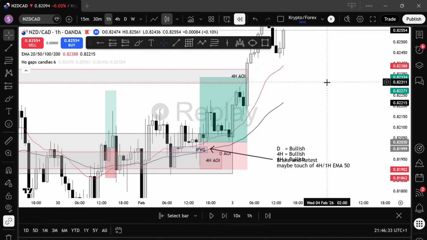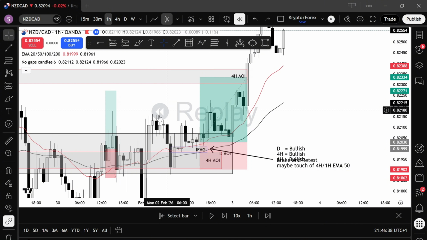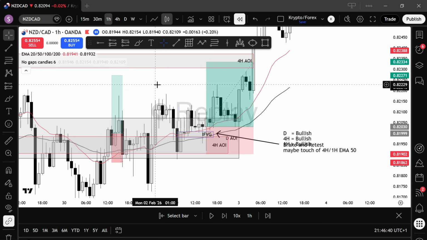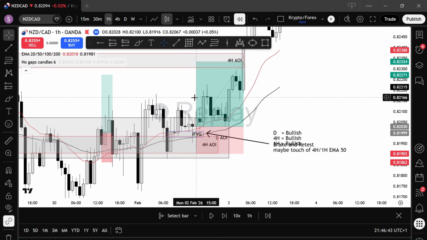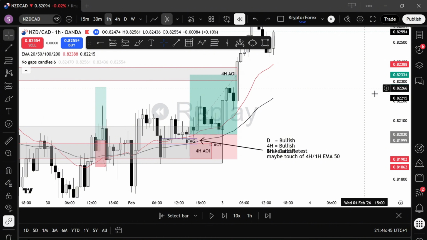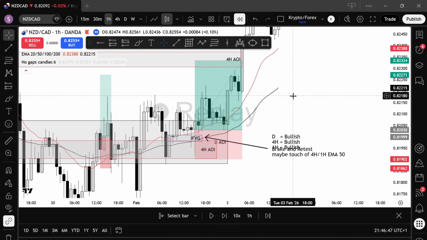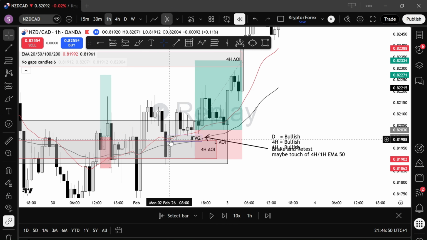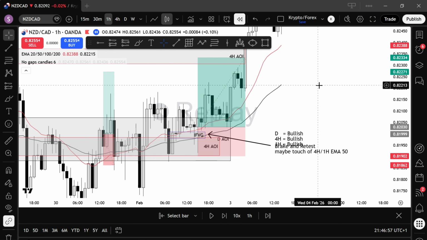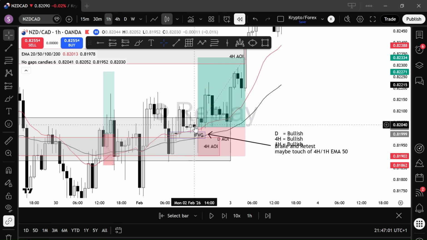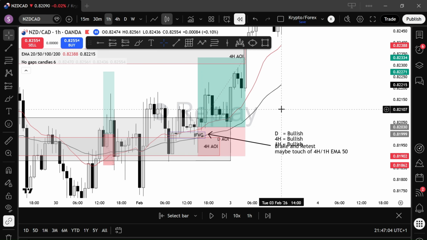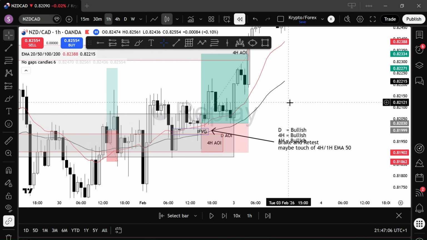So here we are with NZD CAD that we watched last time. That was two weeks ago, and that was the trade that we wanted to take last week. As you can see, I entered off an inverse fair value gap on the 15-minute and a quick 1-hour retest on the 1-hour right here at this little rejection candle, the last rejection candle.